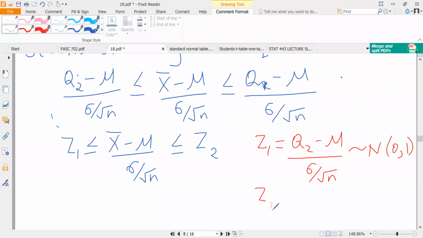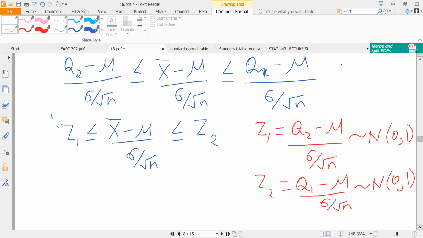Also, Z2, which is Q1 minus mu all over sigma divided by root n, also has a standard normal distribution. That is why now, instead of writing all this, we just reduce them to Z1 and Z2, which are real numbers that we are going to use in identifying our interval.